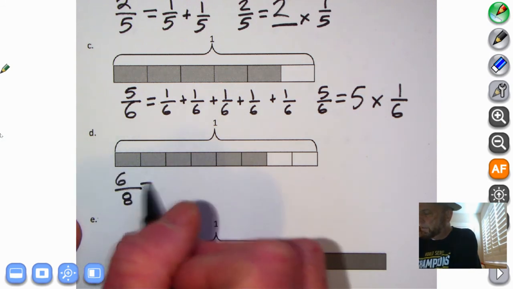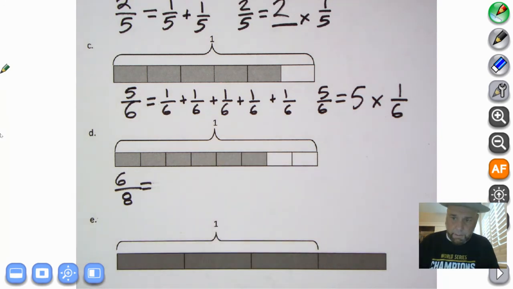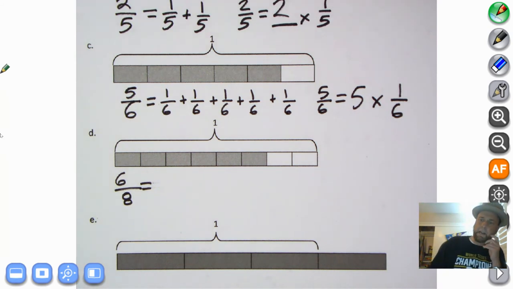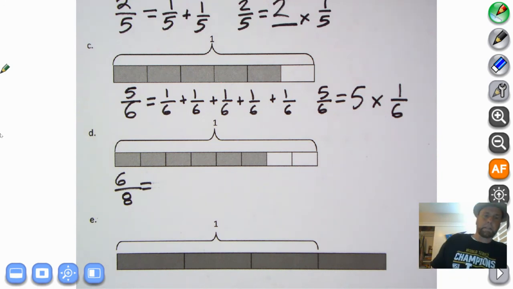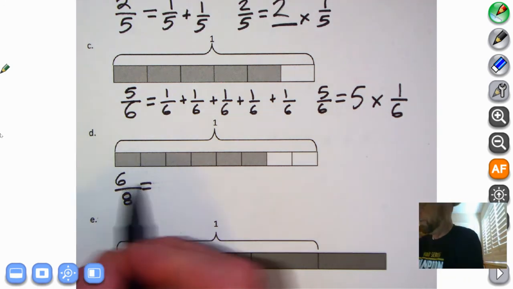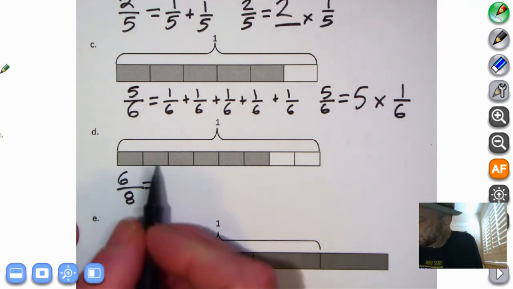I would like you to do the addition sentence, the repeat addition sentence, and the multiplication sentence, okay? So give it your best shot. I'm going to pretend like you paused the camera right here. And then I'll say, welcome back. What do we got going on here? Well, I know this must be 1/8, 1/8, 1/8, 1/8, 1/8, 1/8. 1, 2, 3, 6 times.